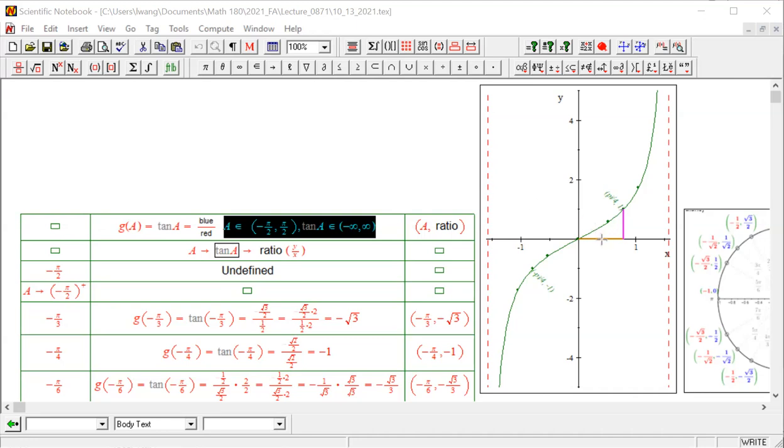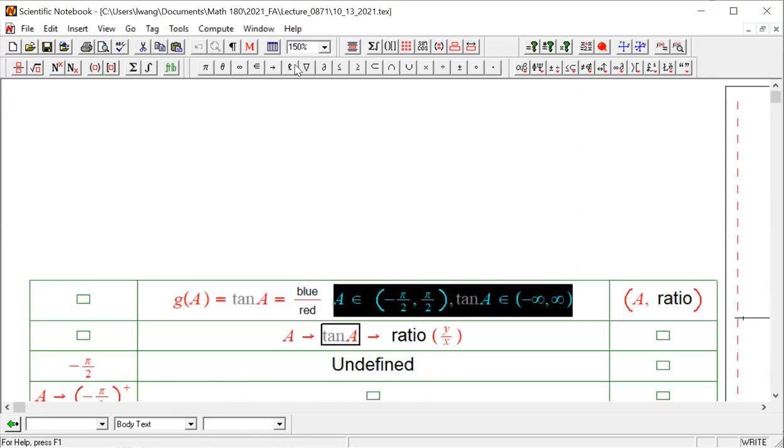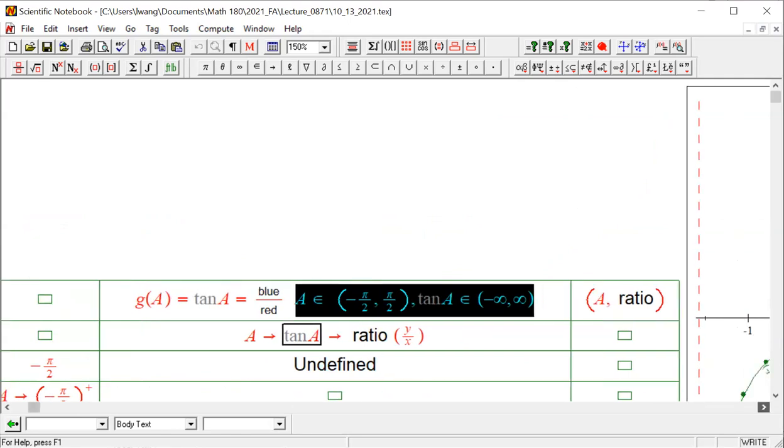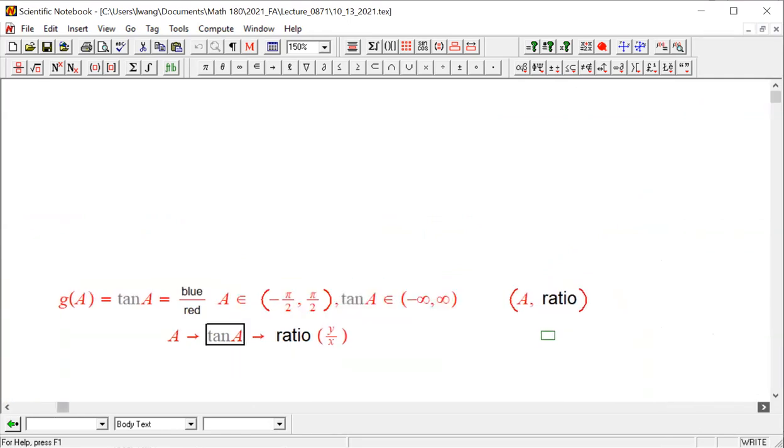You just look at it: when the input angle approaches negative pi over 2, let me use a different color, approaches negative pi over 2 from larger than negative pi over 2. I'm going to make that notation visible to you. Look at that picture.